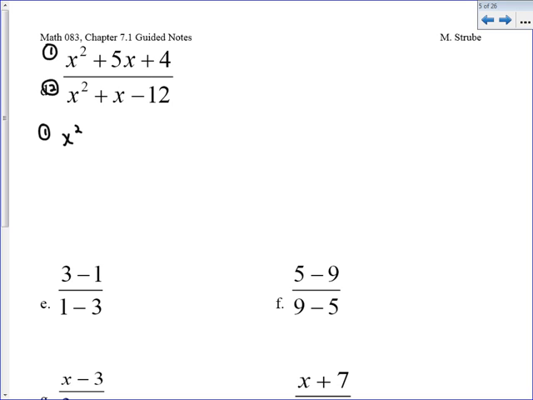So I'm going to actually pull these down separately. I want to factor x squared plus 5x plus 4. 1 and 4, we're already finding a pair. So it's got 3 terms, no GCF, which means either the AC method or the shortcut. And in this particular problem, why could I use the shortcut?